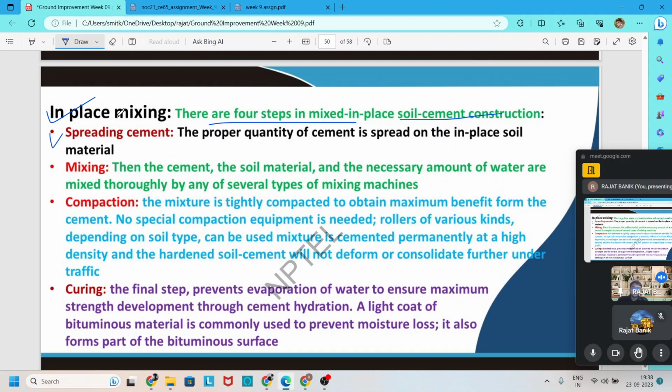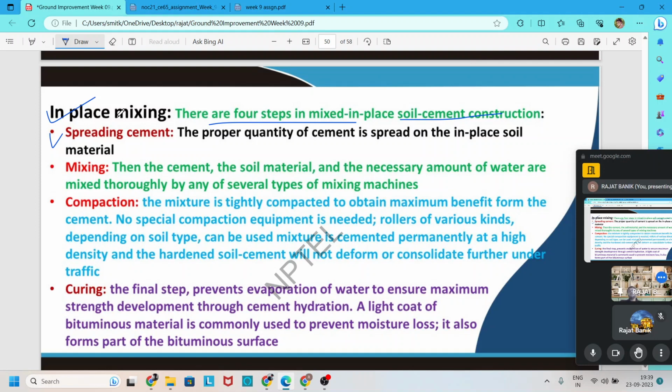So compaction gives the maximum density and, indirectly, the strength. For that, no special equipment is used; a simple smooth roller achieves the high density and hardened soil.